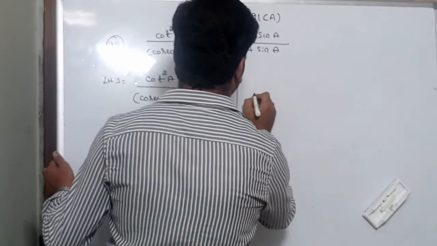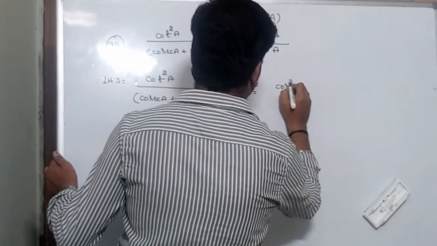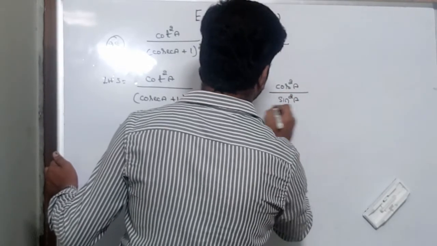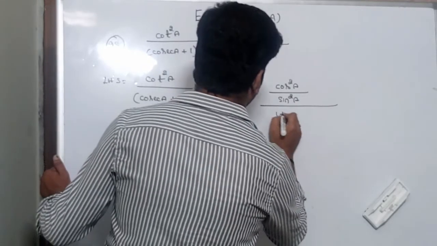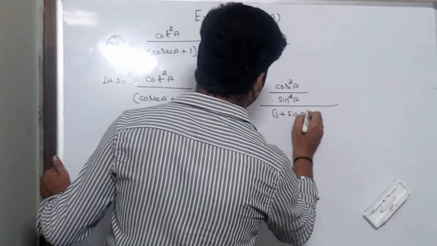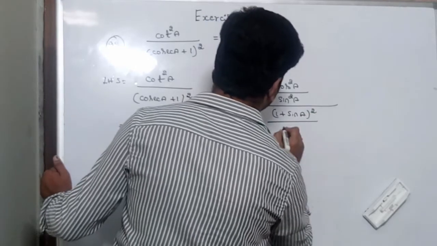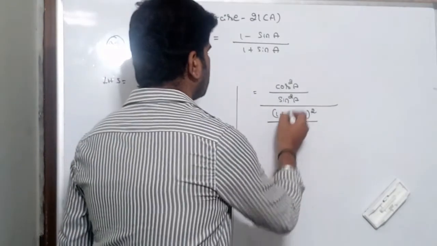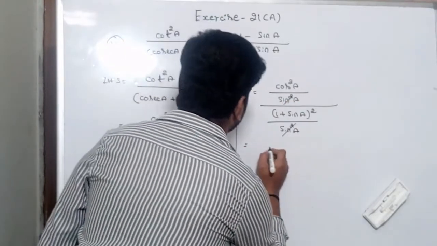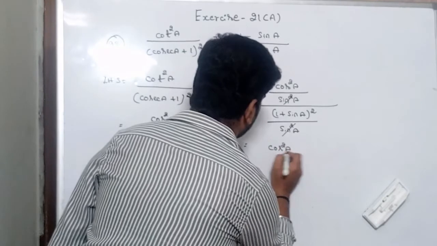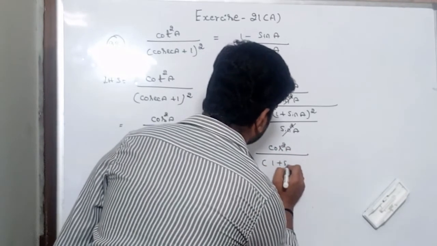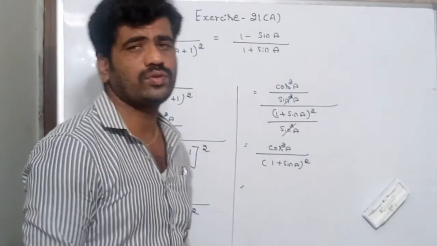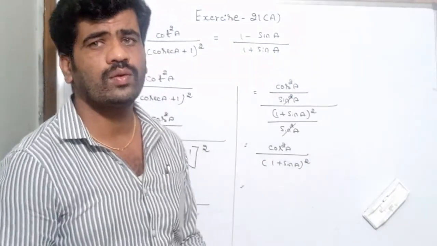Then that is equal to cos square a divided by sin square a, whole divided by 1 plus sin a the whole square divided by sin square a. Now see here, sin square a gets cancelled. Then cos square a divided by 1 plus sin a the whole square. We know that cos square a means 1 plus sin a into 1 minus sin a.